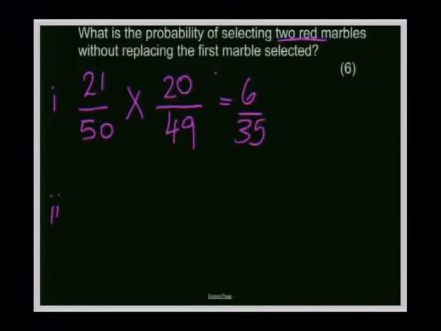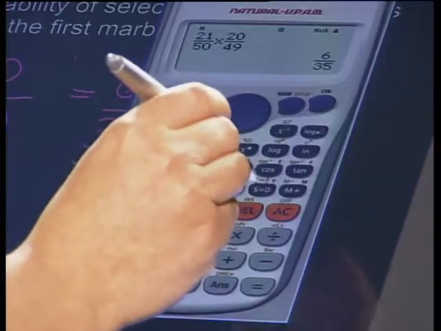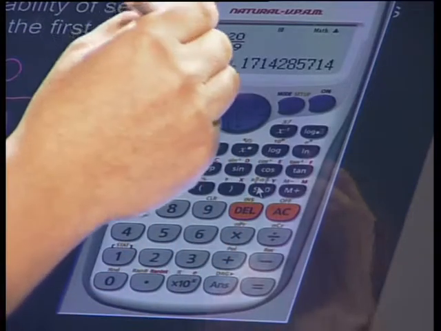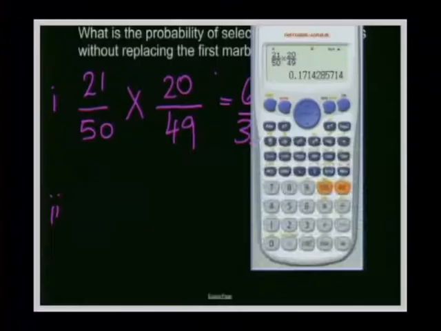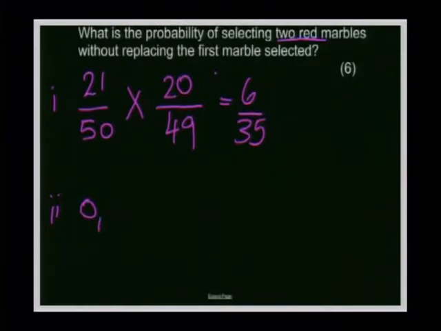The second part was now a lot easier. Calculate that as a decimal. So go back to my calculator, and I just need to use that button. 0.171. I'm going to round to 2 decimal places. So let's type that in. 0.17 is my decimal. And finally, as a percentage, I'm going to take 0.17 times by 100%.